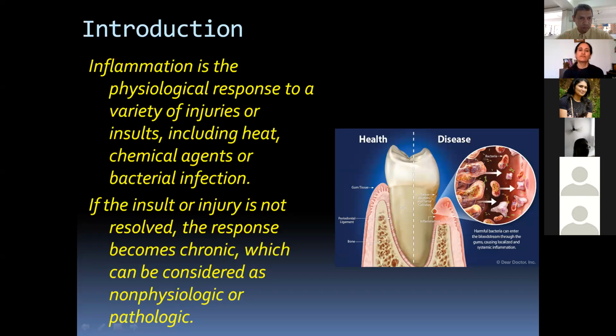And if the body is not able to handle the infection or the external stimulus at this moment, then the body goes into the phase of chronic response, which is chronic inflammation, the most common disease that we find in the periodontium, that is gingivitis and periodontitis. So these are chronic infections that we are studying about. It's not acute.